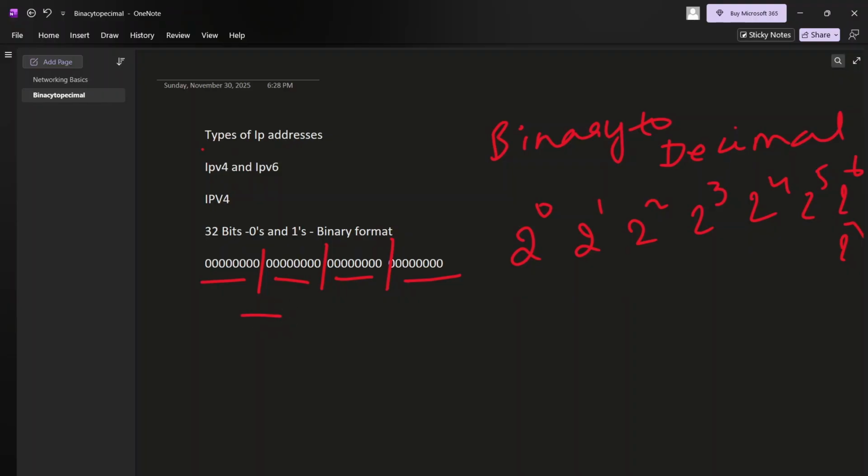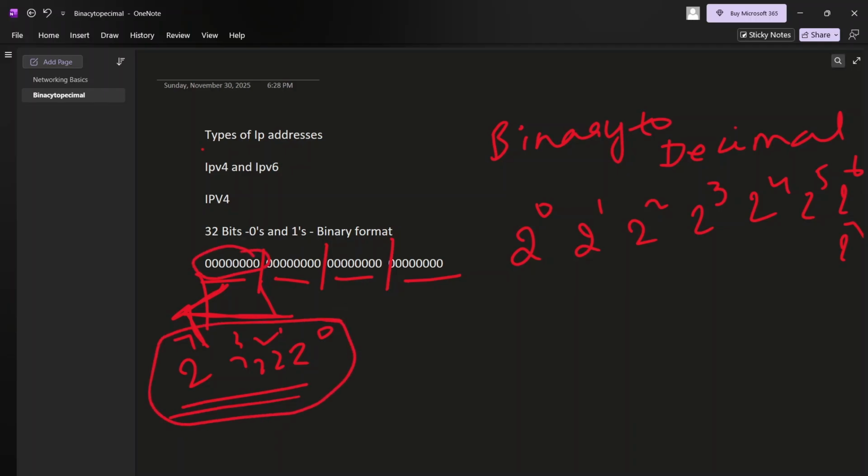So the first position is 2 power 0, and the last position is 2 power 7. We have to multiply each bit with its value, and then add those values.